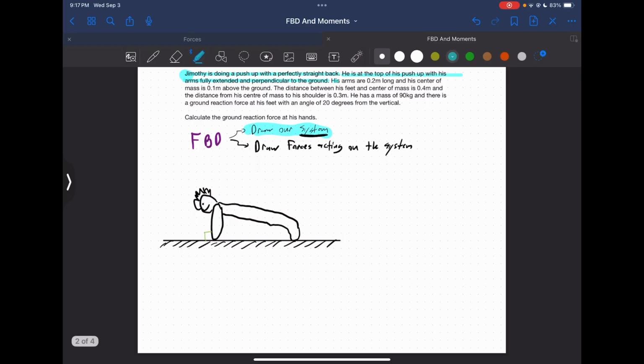So his arms are 2 meters long. So right now, I'm worried about drawing the forces acting on the system. That's nice. But then it says his center of mass is 0.1 meter above the ground, and the distance is here.